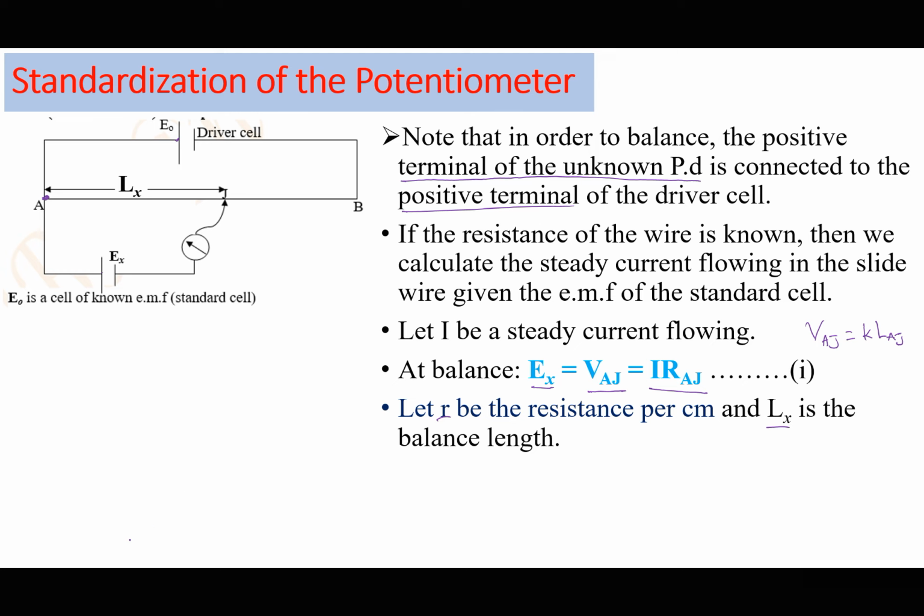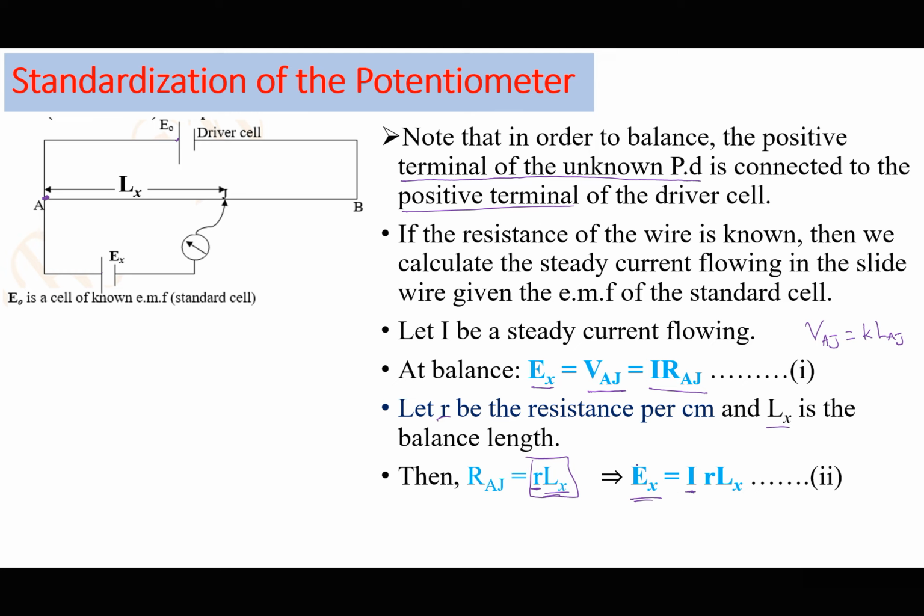If that is true, then the resistance of Aj is going to be the resistance per unit length times the length Lx, which means the EMF Ex will be equal to the current times that resistance.